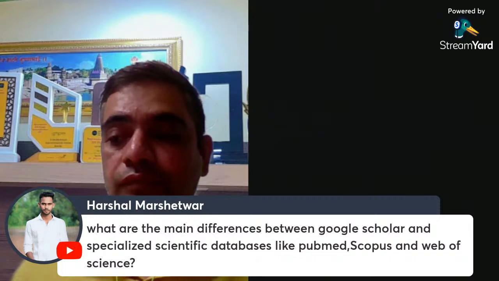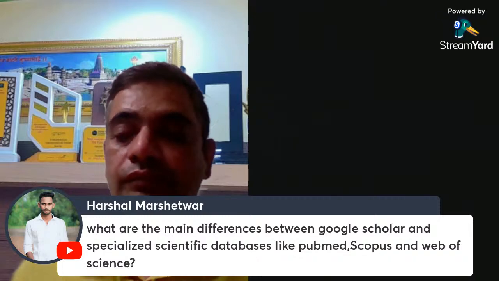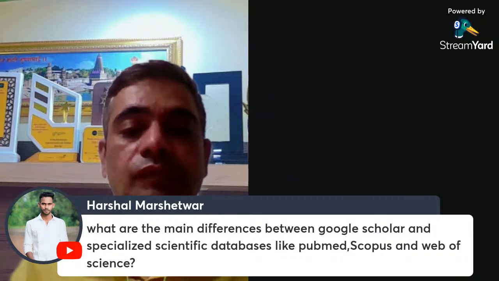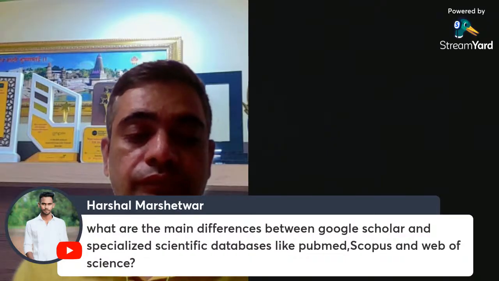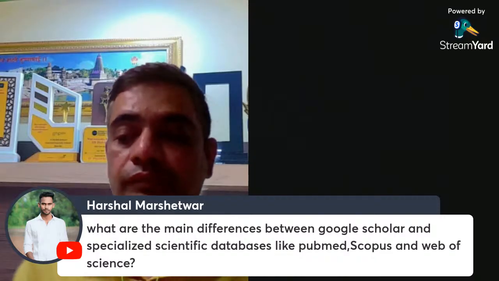Google Scholar includes peer-reviewed material, but it also includes gray literature. In PubMed there is no gray literature. So if you don't want to find gray literature or unpublished material, you can go through PubMed or Scopus.